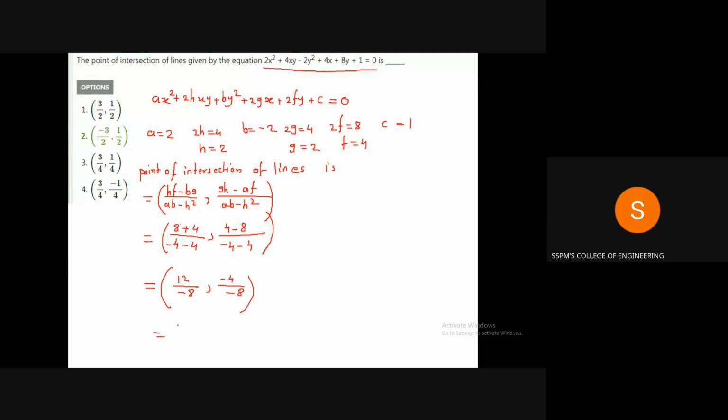That is equal to minus 3 by 2 comma, minus 4 by 8, where minus minus will get cancelled, and if you divide the whole fraction by 2 we get 1 by 2. Okay, so this will be the final answer. This is our point of intersection.